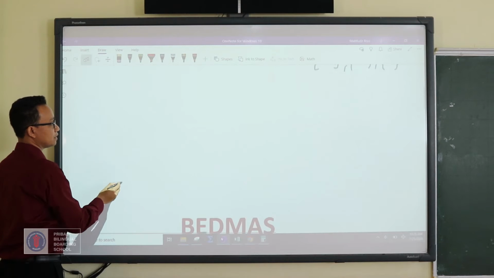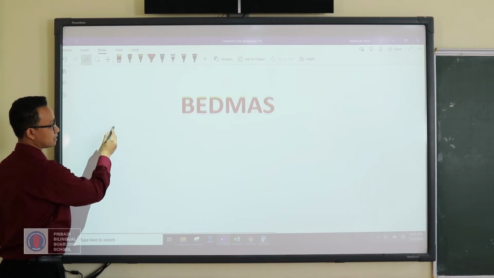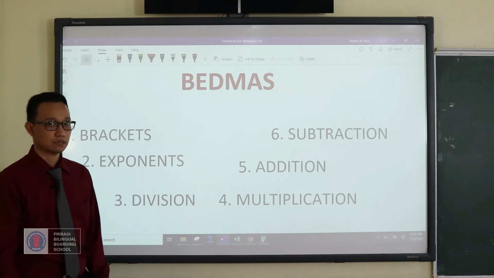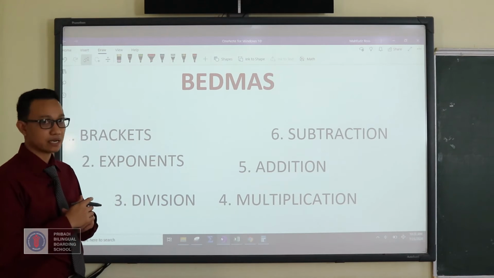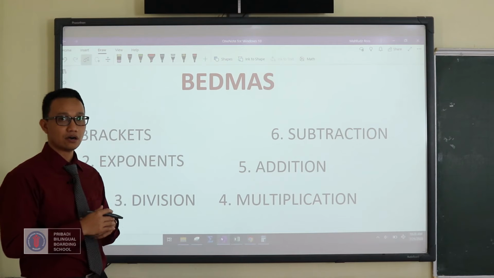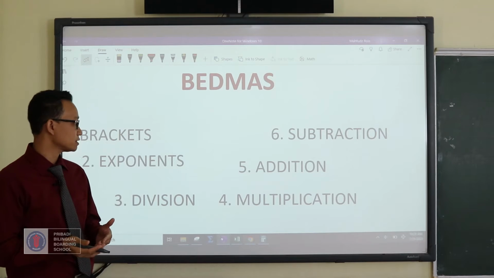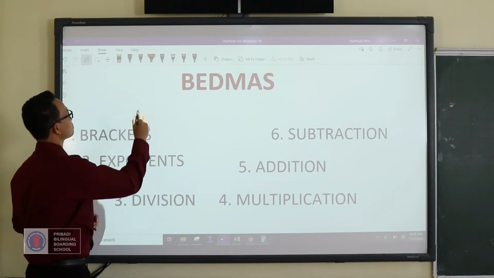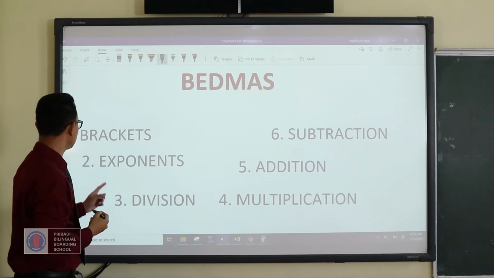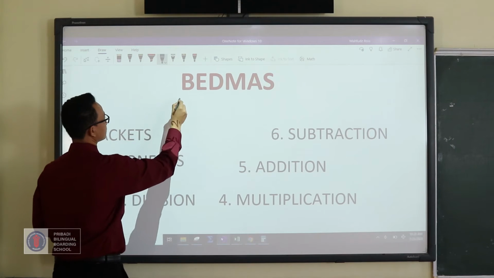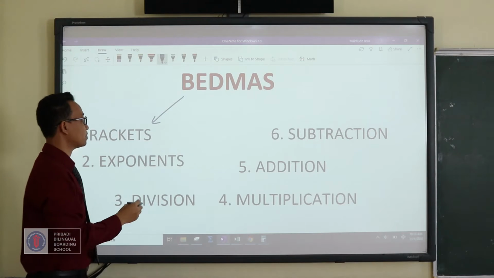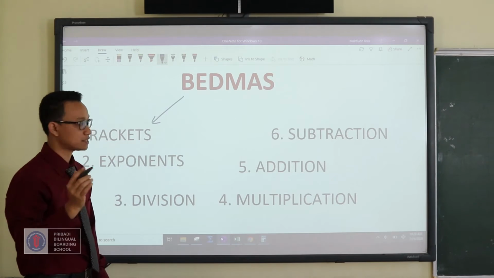Here we have the rules. We call them the BEDMAS rules. So what is BEDMAS? BEDMAS stands for the operations and grouping symbols. The first one is B. B stands for brackets. E stands for exponent, or indices, or power of something.